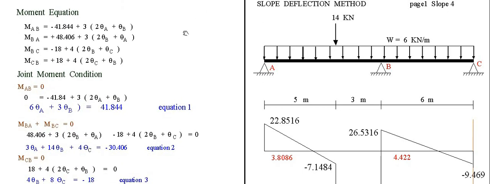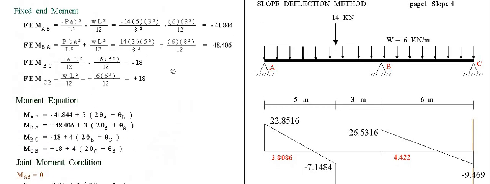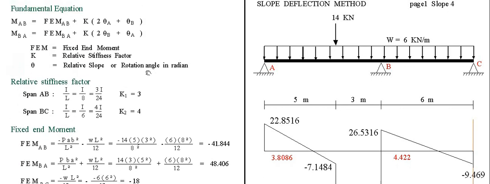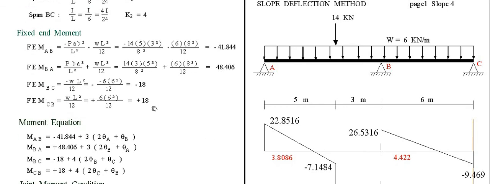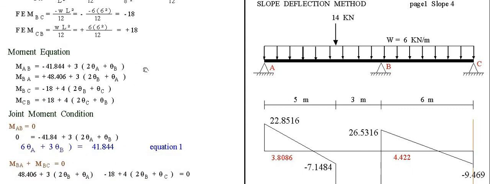Okay, moment equation. So we follow this formula again, this one. Fixed end moment we have already solved, then plus k, then 2 theta A plus theta B. Okay, follow the subscript A first, then B. Okay, we go back to this moment equation.